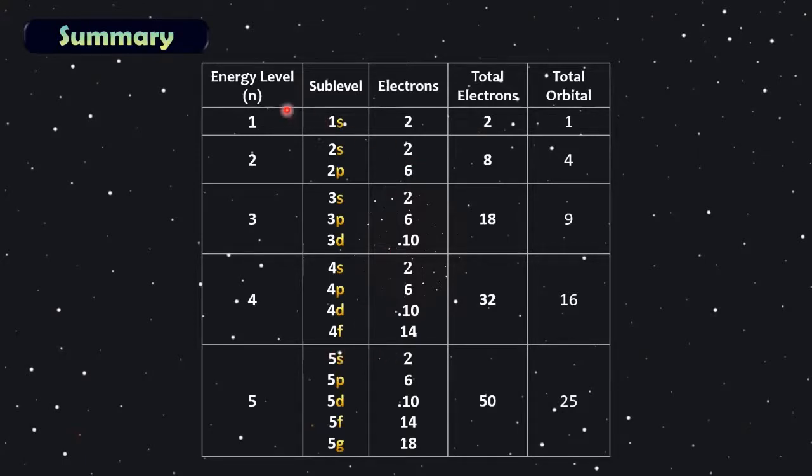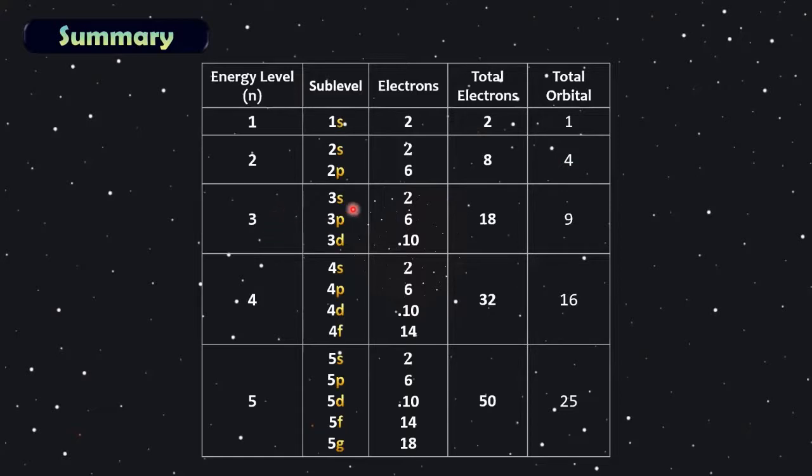First energy level, we have only the S subshell, and per S subshell we have 2 electrons, and the total electrons in the energy level is 2. And how many boxes do we have? Only 1. Second energy level, we have S and P subshells. Maximum electrons present are 2 and 6. So that makes 8. And half of it, or the boxes, is 4.